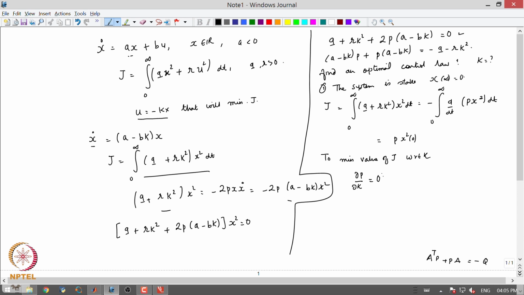So, p from this equation can be written as minus q plus r k square over twice a minus b k, and then dp by dk equal to 0. I will do all the math here, and it will turn out that p is r k over b, or in other words the optimal control law k is p b by r, similar to what we had here, right.